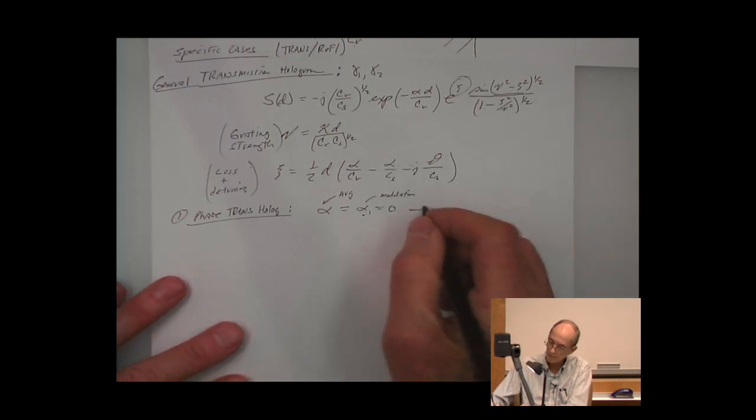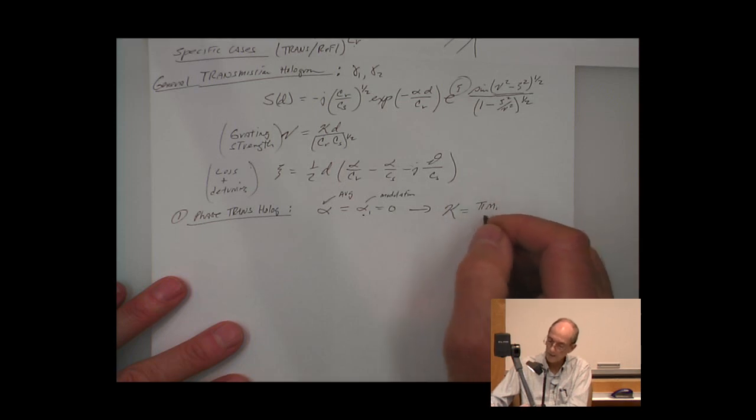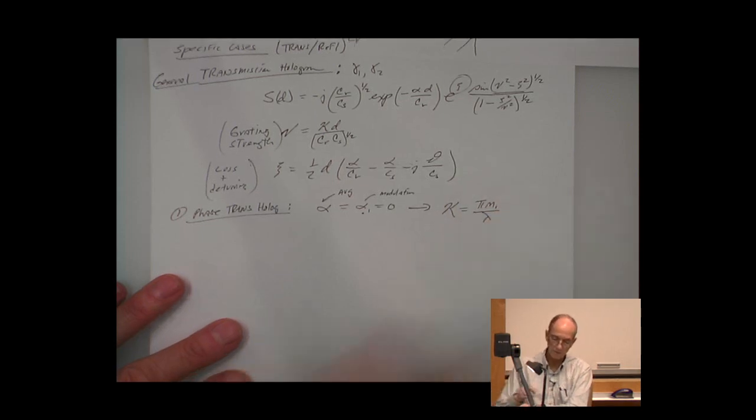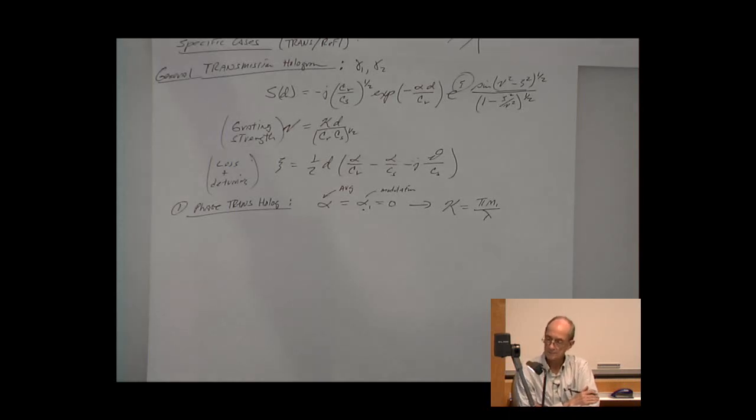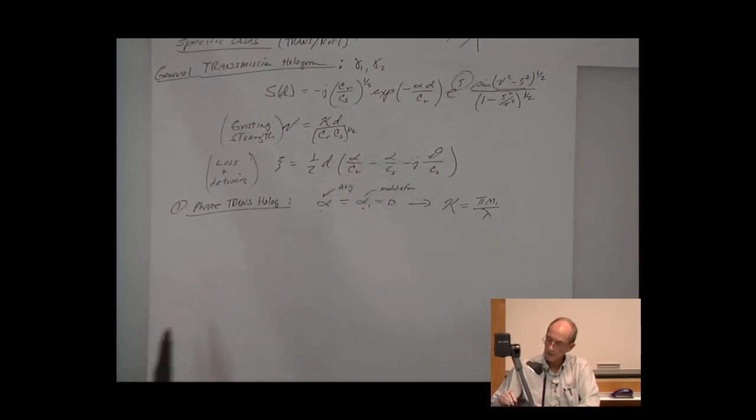So with that, we end up with kappa now just equal to pi times the refractive index modulation over lambda. So you can see here, these terms are going to drop out, and then a couple of things will change. This term here is going to go to 1 and so forth. So things are going to simplify.